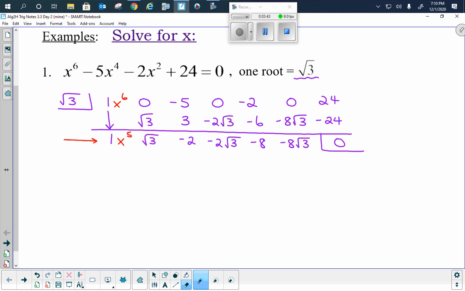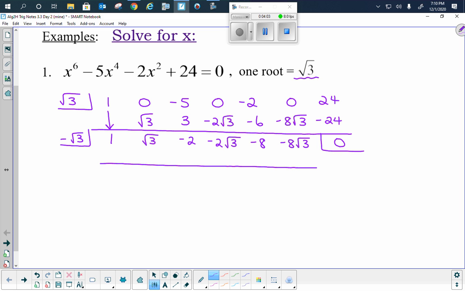So I will get us some room, take these away for a moment, and I'll just start with a new batter's box. We said if √3 is a root, then -√3 is also a root. So here's where your new batter's box goes. Your line only goes over to here now. And try it again. There's 1 times -√3 is -√3.